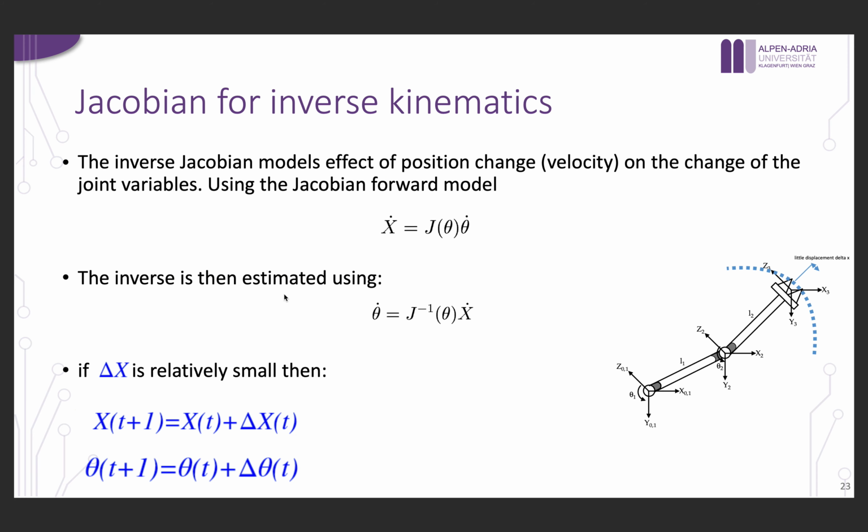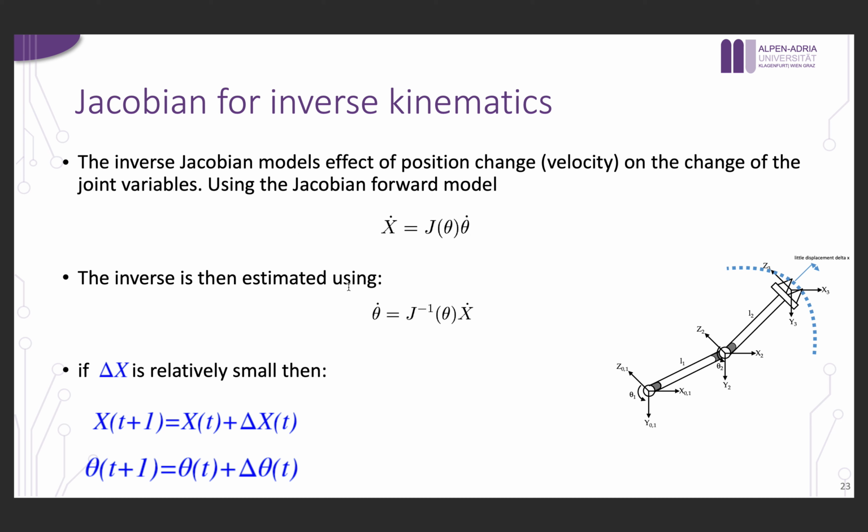Now how can I use the Jacobian matrix to do the inverse kinematics? Now the inverse Jacobian model. What we have done here is that we took the velocity of position equal to the Jacobian matrix multiplied by the angular velocity, or let's say here the control parameters' change over time.